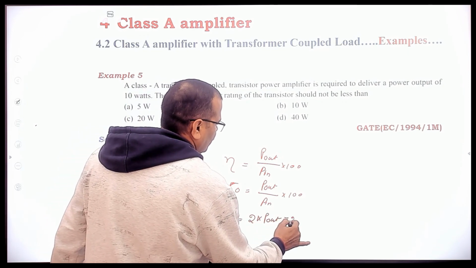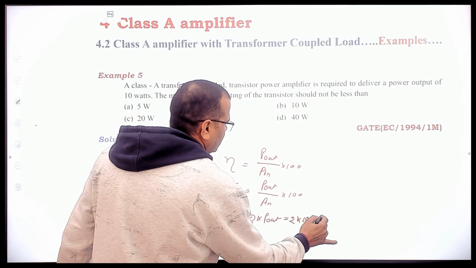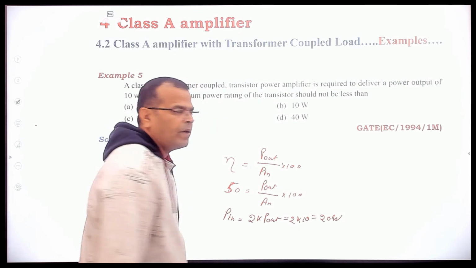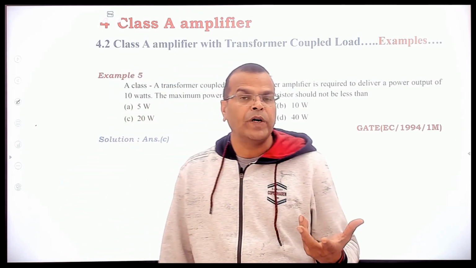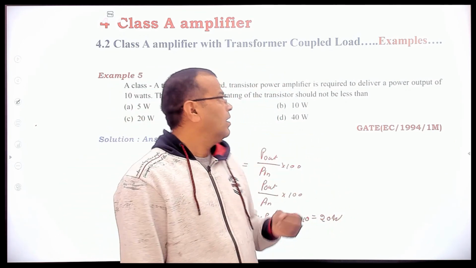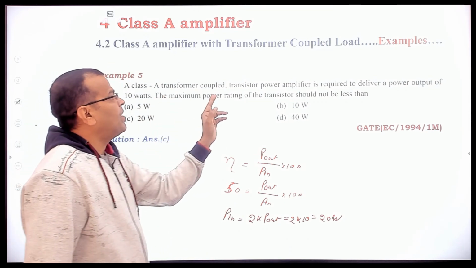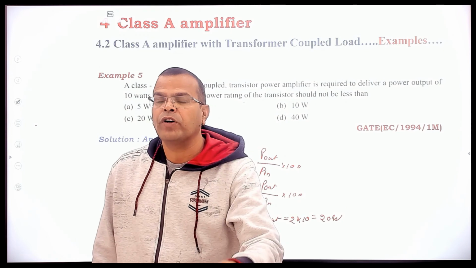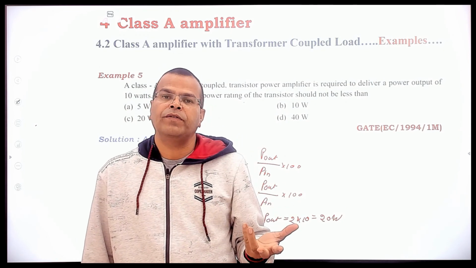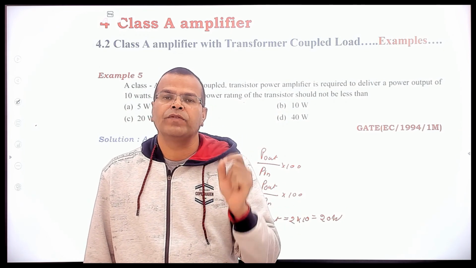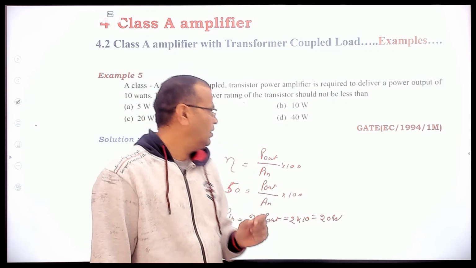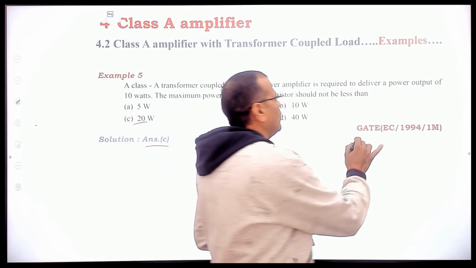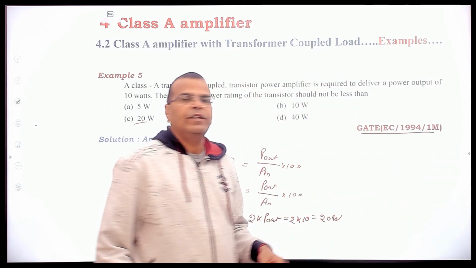That is given to you. That is 10 watt. So this is 20 watt. The input power of the transformer is going to be 20 watt. So the maximum power rating of the transistor should not be less than 20 watt because of the requirement of 10 watt of output power. So this is your answer. Fine. That was a question in electronics in GATE 94.